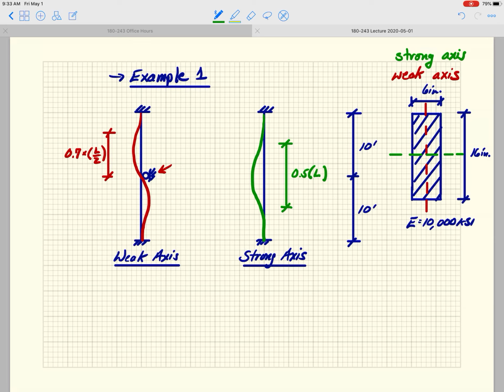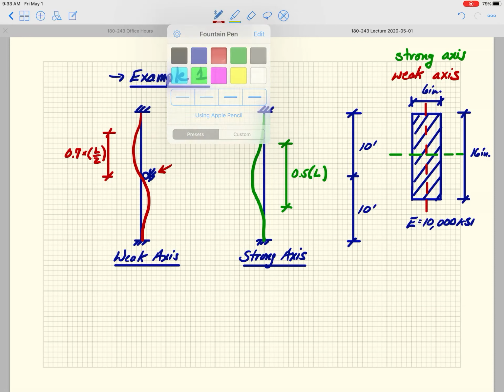So just by inspection, it's impossible to figure out which direction this is going to buckle. So we just have to solve for both, and whatever is the lowest buckling load, that's the one that governs. We're solving for a capacity here, so the lowest capacity governs.